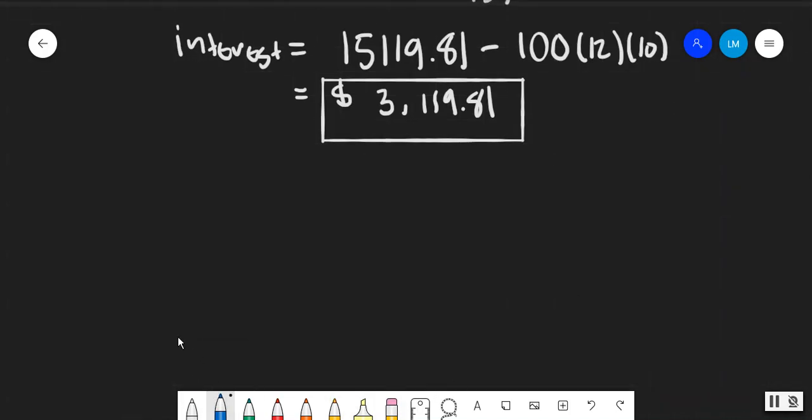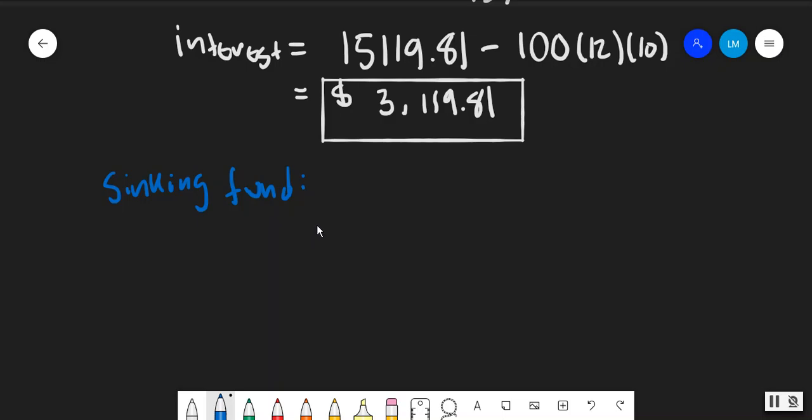Now, sometimes you may come to the point where you know the amount that you would like to have, and this is very common because you might be like, okay, I'm gonna be graduating at the age of 18, and I know that I need to have an amount for college or for a car or for an apartment.